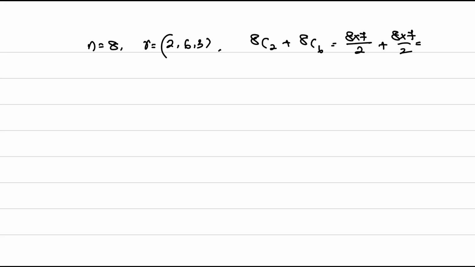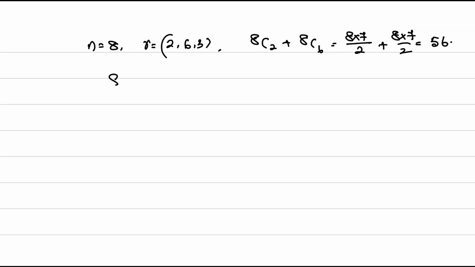Let us take combination set of R as 2, 6, 3. This is the set. N is equal to 8. Then 8C2 plus 8C6. That is how much? 8C2 is 8 into 7 divided by 2 plus 8 into 7 divided by 2, 28 plus 28, 56.